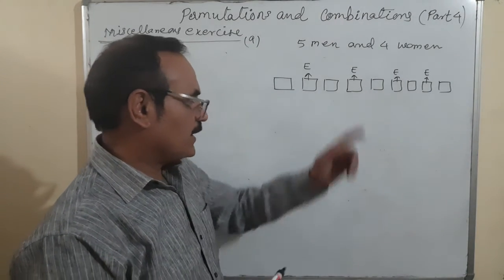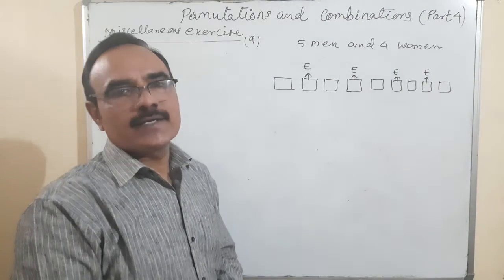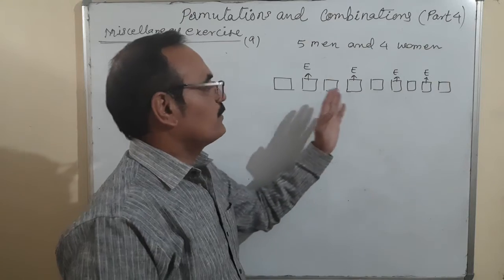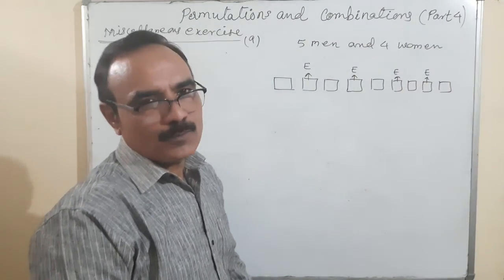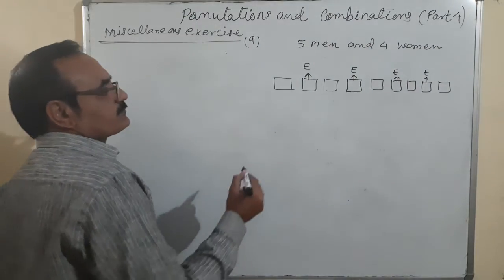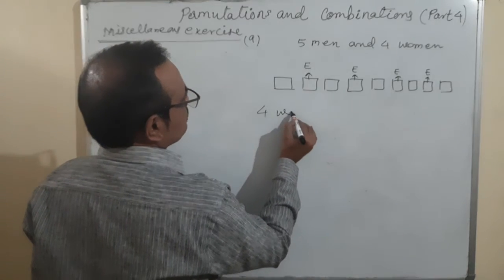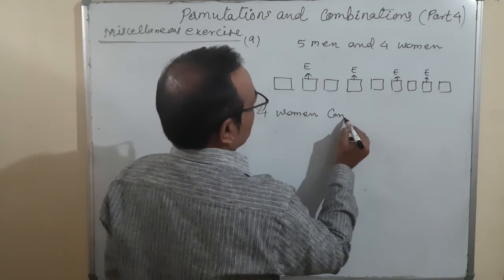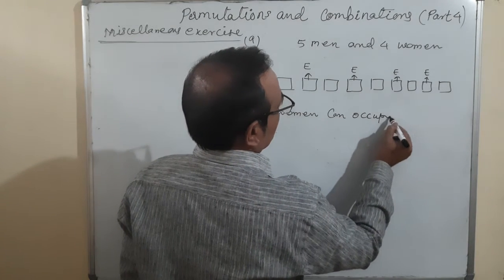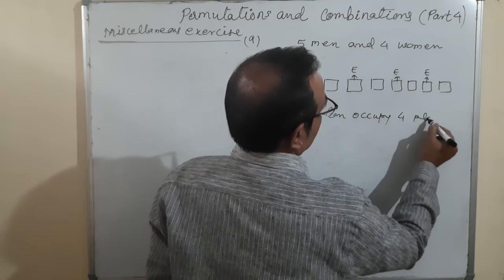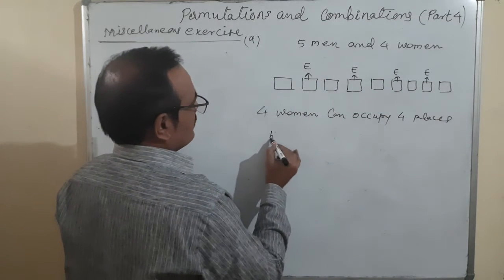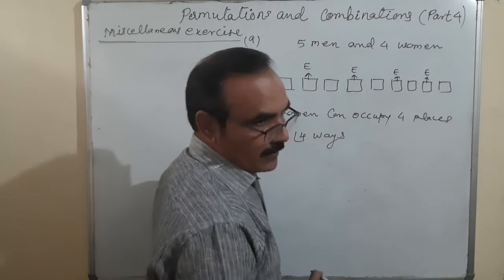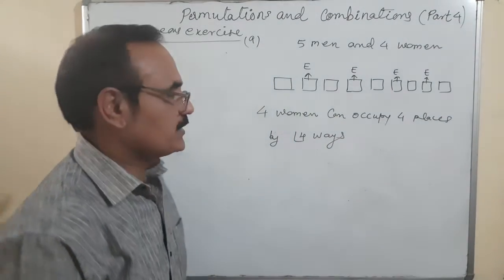So these 4 places are occupied by women, right? There are 4 women occupying 4 places. 4 women can occupy 4 places in factorial 4 ways. Is it okay? By factorial 4 ways.